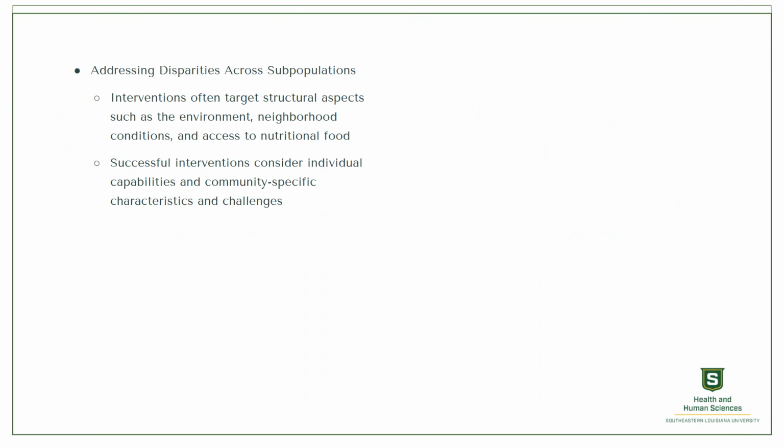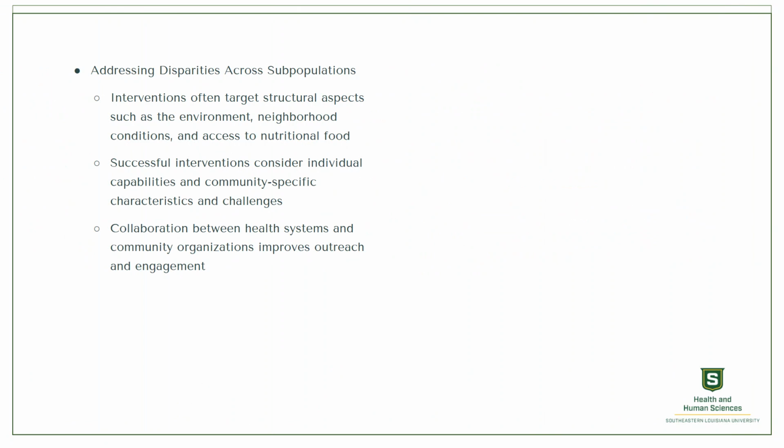For an intervention to be successful, it needs to consider individual capacities within subpopulations, as well as community-specific characteristics. Like I said, with interventions, it's not a copy and paste. It's very, very important that you are tailoring it towards the needs of the population or the subpopulation.